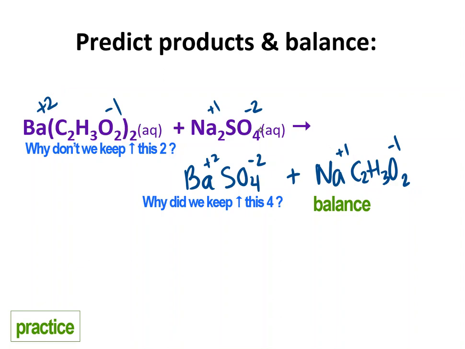Okay, that is different than what we see for the 4. The 4 I'm talking about is this 4. We did keep that 4. We kept that 4 because that 4 is not from the charge. That 4 has to do with SO4 as a polyatomic ion.